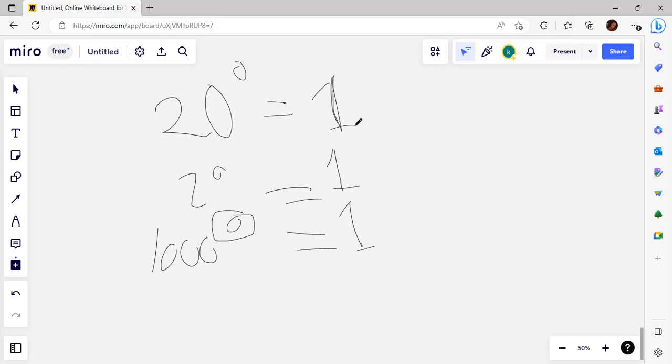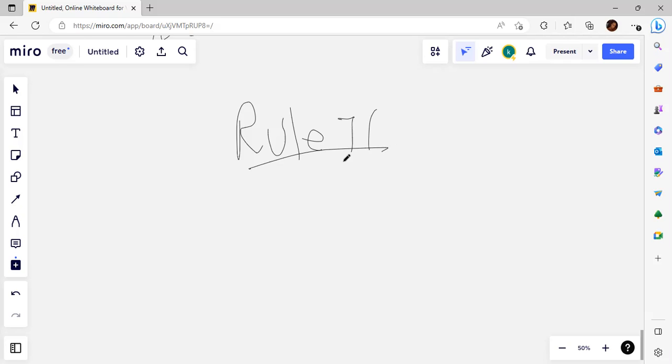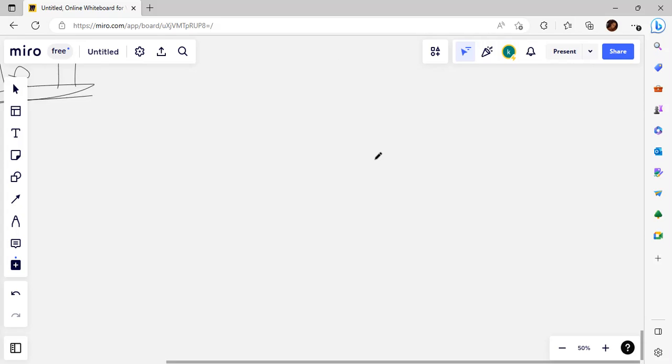Okay, perfect. Now we are moving on to rule number 7. Rule number 7 is the negative exponents. What do negative exponents tell us?